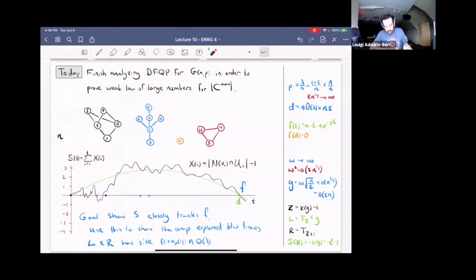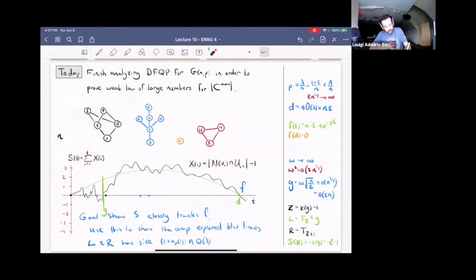Okay. So then we know that each time the exploration process hits a new local minimum, that means it finishes exploring a component. So we had fixed this early time G, and we were going to look at the component straddling time G. So G was omega root n over epsilon, and the key fact about that was that it was much smaller than n to the 2/3, and in particular smaller than epsilon n.